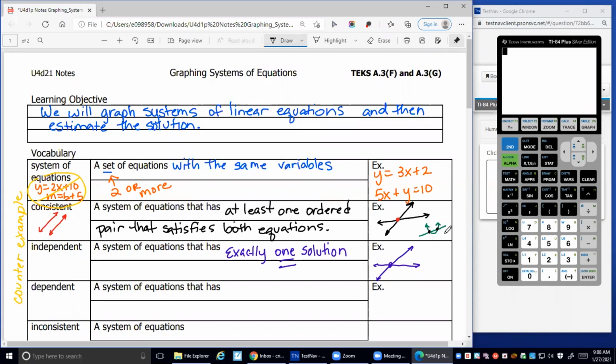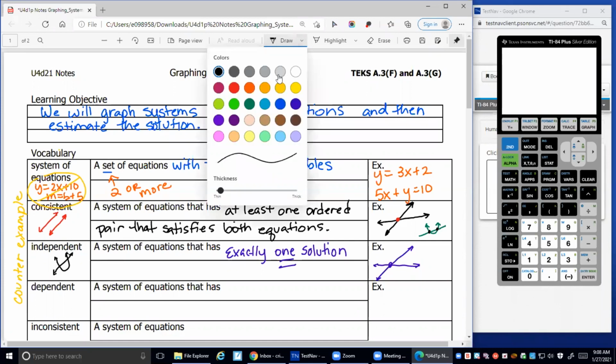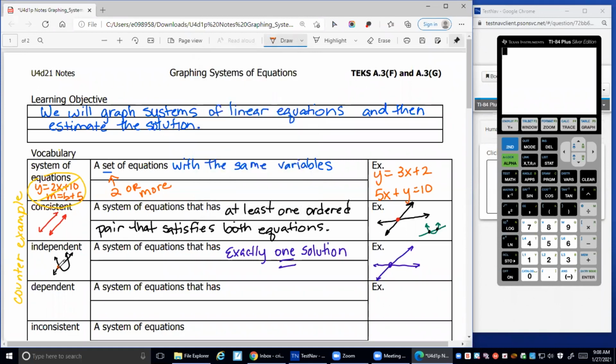So these are both consistent. But if you said no, that it's not independent, you would be correct. Okay, let's say I've got a line like this. It's going like that. There's my two little points, right? Independent can only have one solution. So this would not be independent, okay?